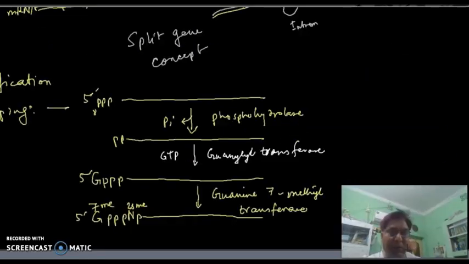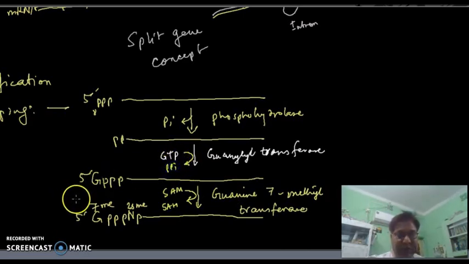Okay, the methyl group donor is a molecule called S-adenosyl-methionine (SAM), and after donating the methyl group, it is converted into S-adenosyl homocysteine. This GTP, after donating the GMP group, the pyrophosphate moiety is released over here.